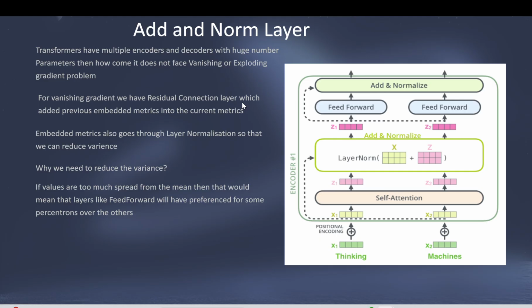And normalization is so that after adding x and z, where z is the newly embedded same word and x is the previous embedding which was the input, we normalize it. Even in machine learning we do normalization so that it won't have bias toward one particular section or column.